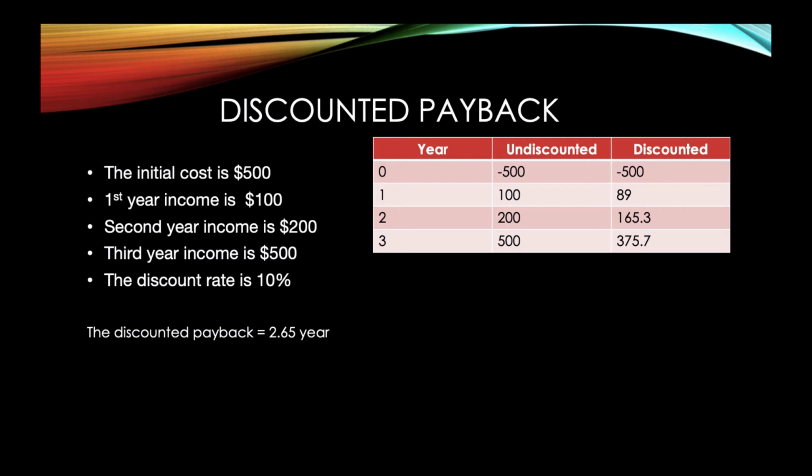And for this, we have only to divide $100 over 1.1 as the discount rate is 10%. So, by the discounted payback method, we have 2.65 years to acquire our $500 again.